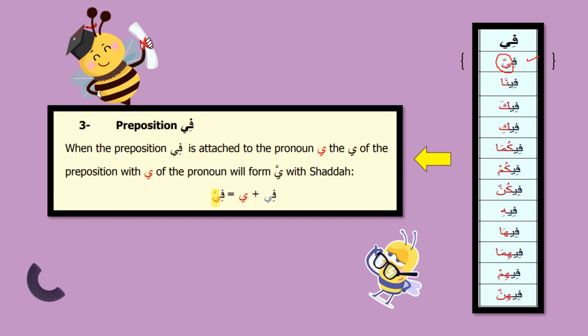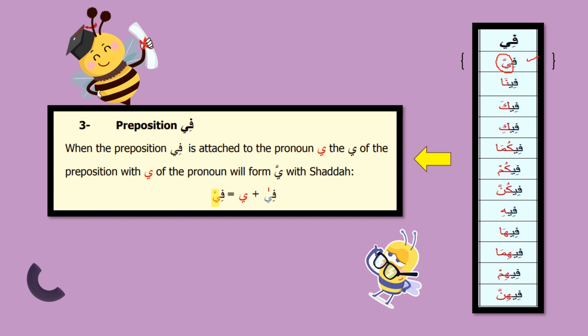And as you can see, this little minute detail: the ya here is the long vowel ya. There is no sukoon above the ya here or any of the yas here, because this ya is a long vowel and it is coming with the kasra on the previous letter fa. So remember that.